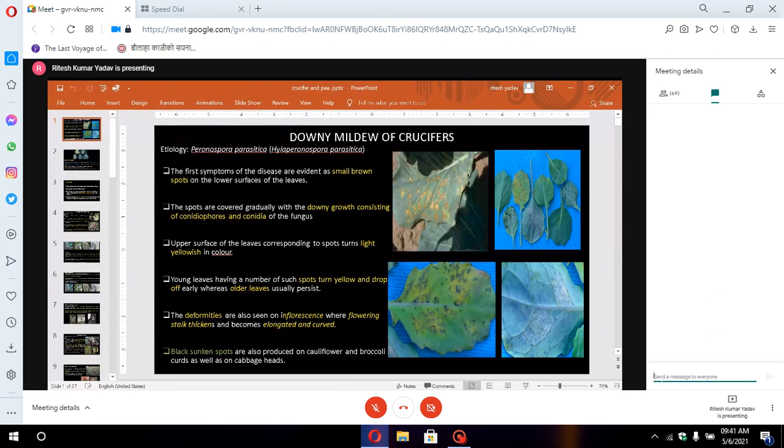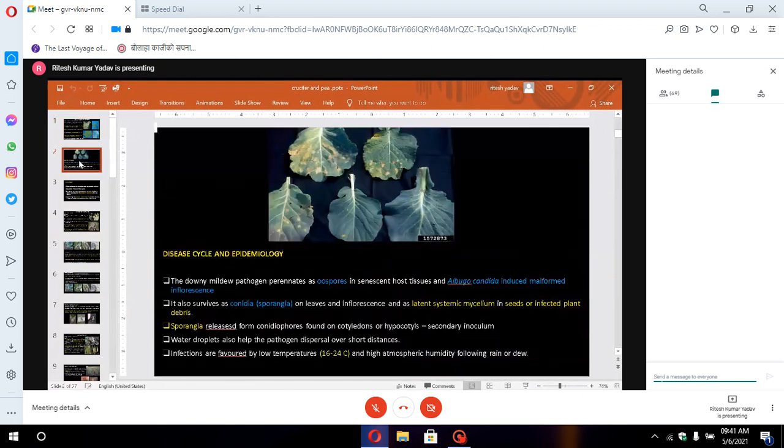And when downy mildew develops severely in the field, yield losses are very high because of premature defoliation of the leaves.